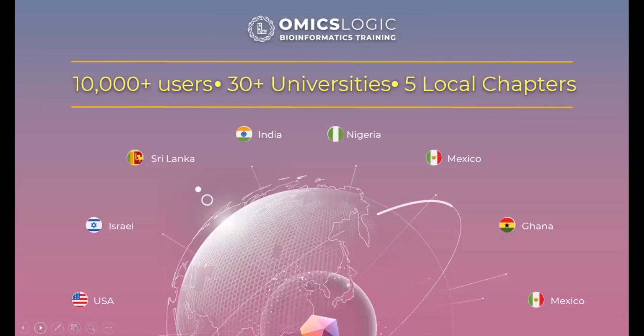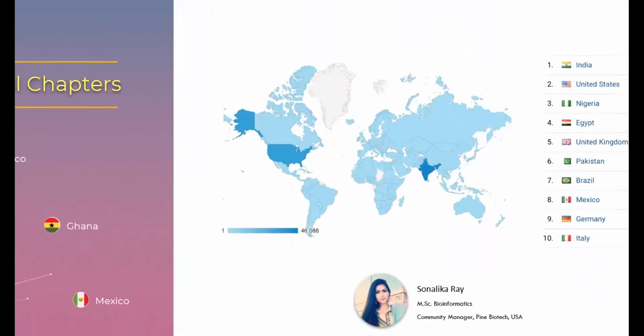Due to this fast growth, our team is working with local and regional coordinators that are helping refine local program logistics and leverage our online training resources, adapting them to the needs of the students and researchers around the world. OmicsLogic research-based training programs are a result of close collaboration between Pine Biotech and numerous academic institutions that have participated in content evaluation, curriculum review, and project design.